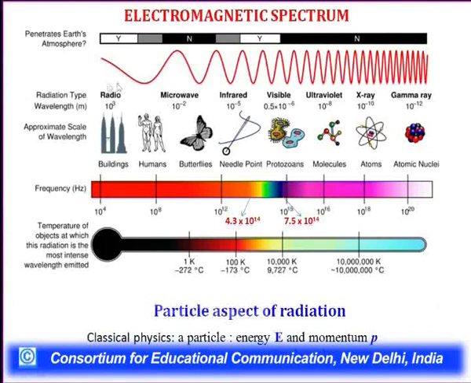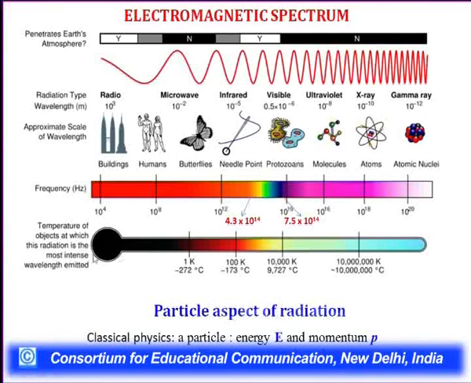Radio frequency has a wavelength of 10^3 meters, microwave 10^-2, infrared 10^-5 meters, visible 0.5×10^-6 meters, ultraviolet 10^-8, X-rays 10^-10 and gamma rays 10^-12. The frequency increases and the wavelength decreases as we move from radio to gamma rays.